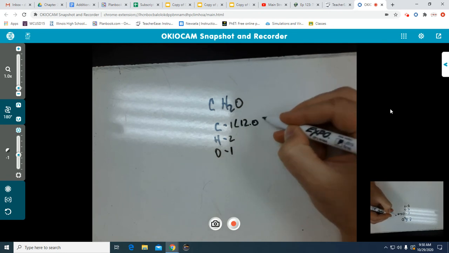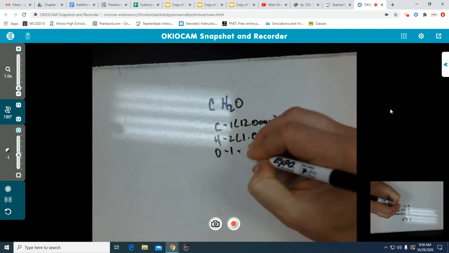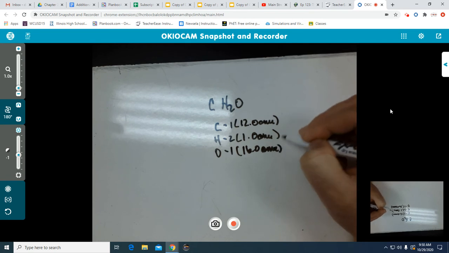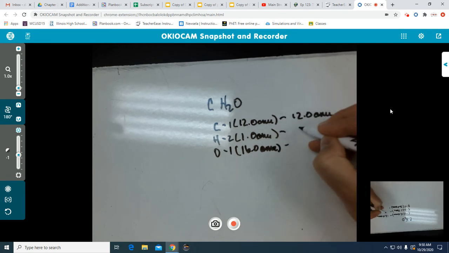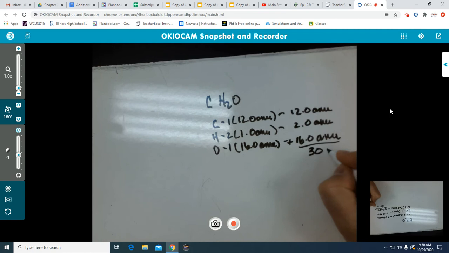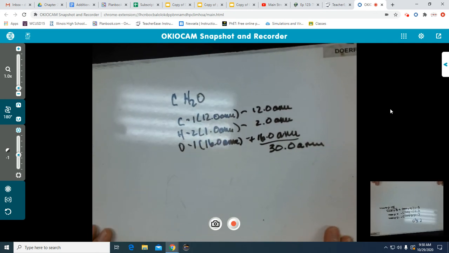Carbon is 12.0 AMU. Again, hydrogen is 1, and oxygen is 16 AMU. Multiply through. We got 12 AMU plus 2.0 AMU plus 16.0 AMU, and we get a formula weight of 30.0 AMU. Okay, we've determined that now.